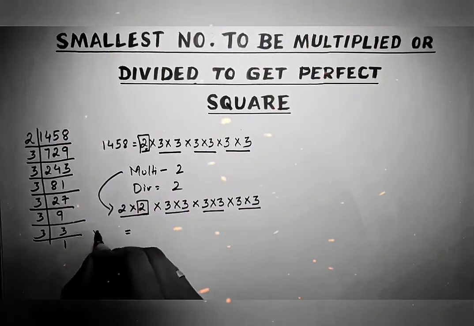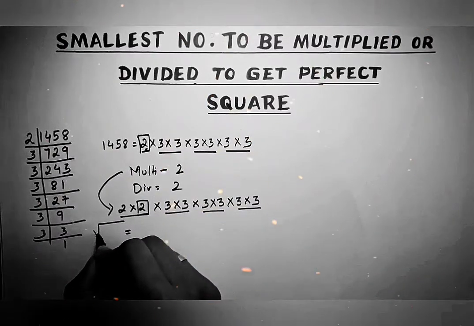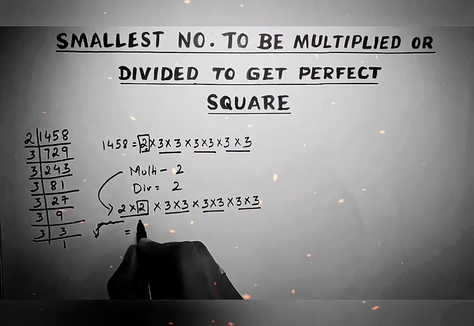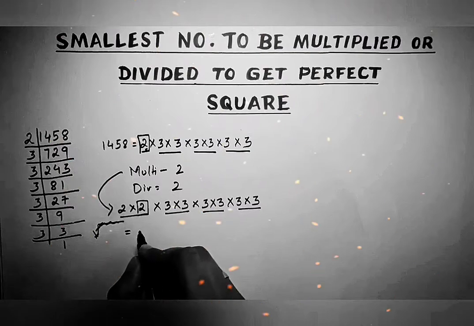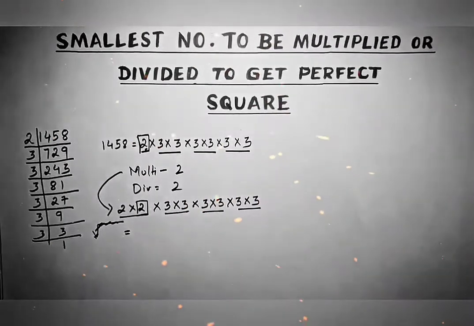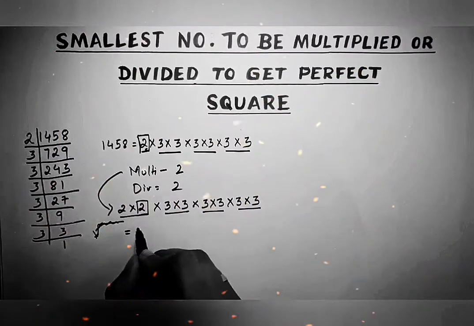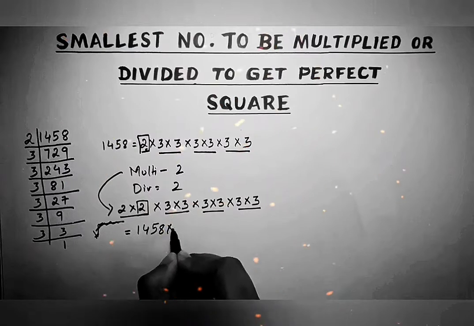Now in the form of square root, if you want to write, let's do it like this. If you multiply 2 to the left side also, for 1458, all the factors will be equal to 1458 times 2. Clear?